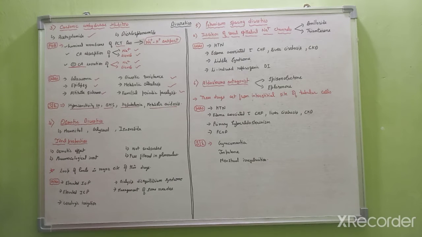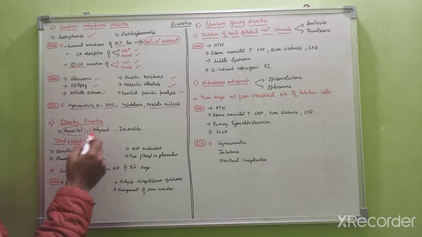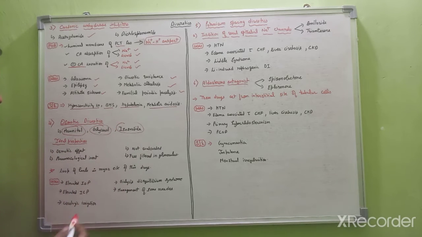So the next category of diuretics is osmotic diuretics. This category includes drugs like mannitol, glycerol, and isosorbide.